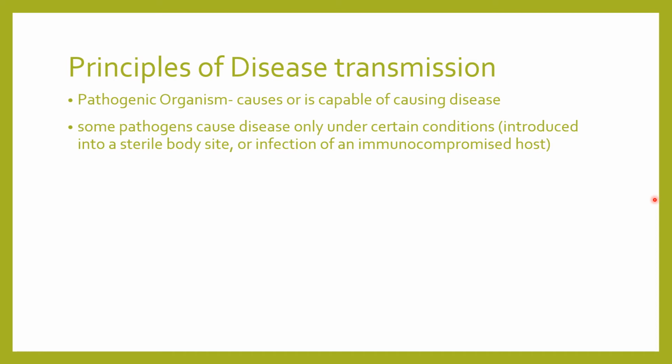So whenever a certain normal flora of a certain part of the body is introduced to another part of the body, an example would be a ruptured intestine. This ruptured intestine with all its intestinal content of bacteria will spread to the peritoneum, which is not a part of the intestinal mucosa.